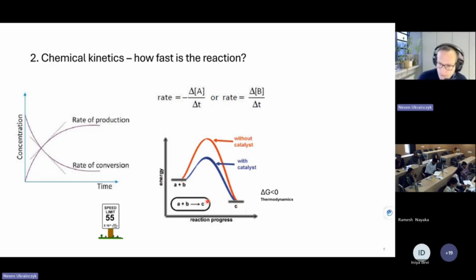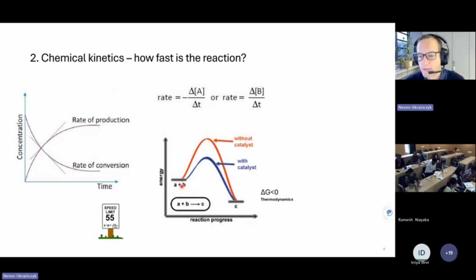But where kinetics now comes into play is this hill, because the atoms have to hit each other, and only the atoms that have enough energy to overcome this barrier will react.